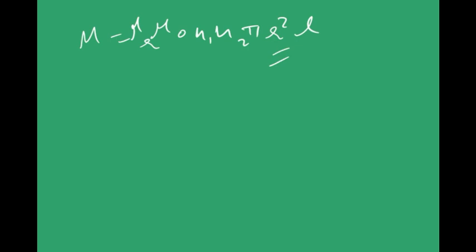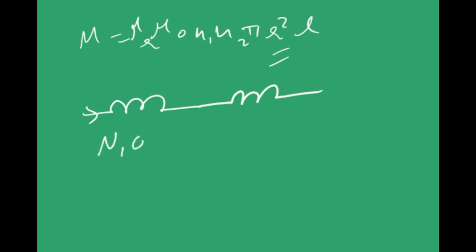Now, observe this one. If two inductors are placed side by side very near and current passes through both of them, then what happens? The N1 phi 1, the flux linkage of the first one, will be given by M11 I1. So it depends on the first solenoid because current passes through it, and also on this one because there is some mutual inductance, right? It depends also on the second solenoid.